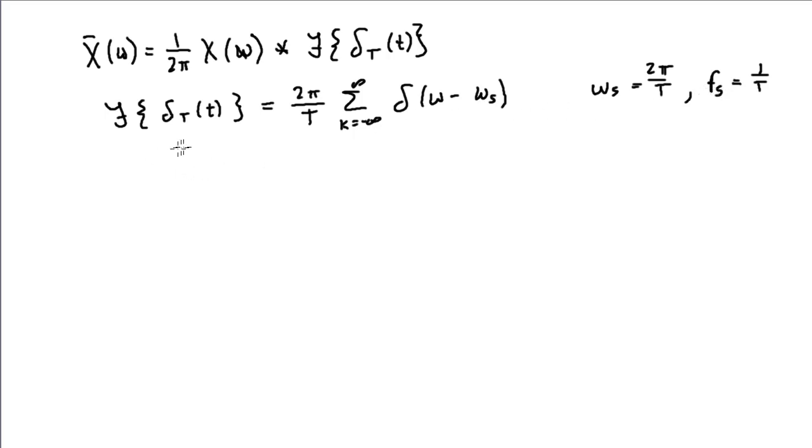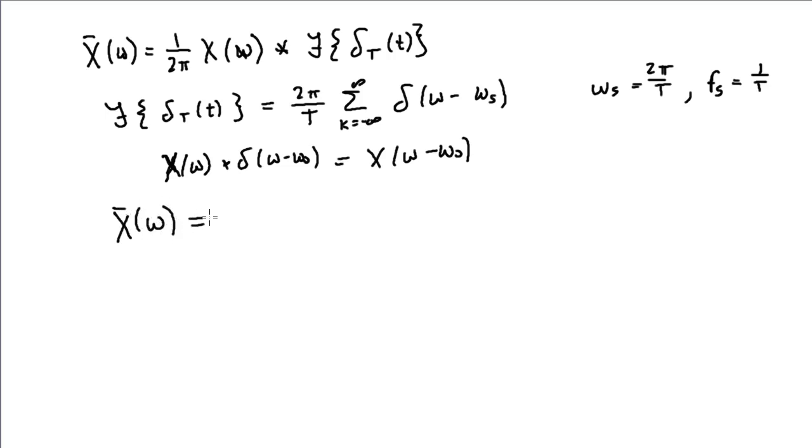And now, since convolution of X of omega with an impulse located at minus omega is trivial, it just shifts the location of the function, I can carry out the convolution of X of omega with this infinite sum to get an expression for the Fourier transform of my ideally sampled signal.